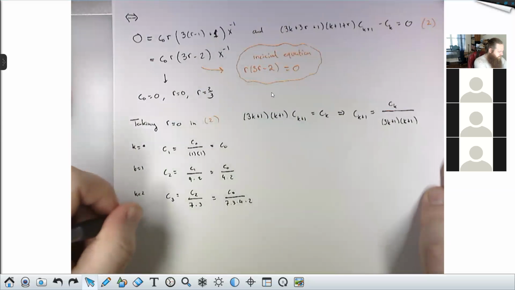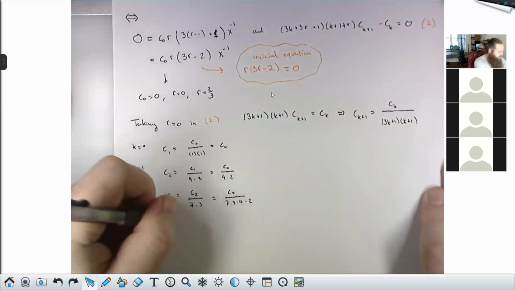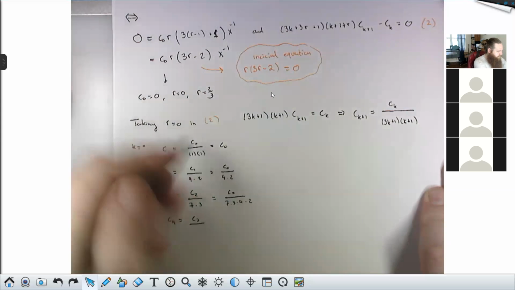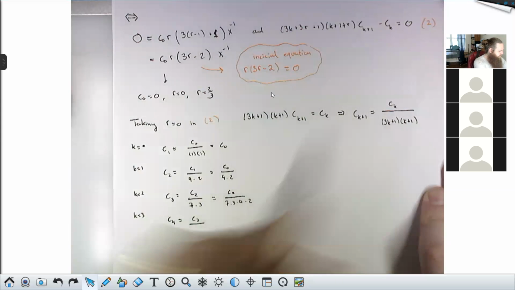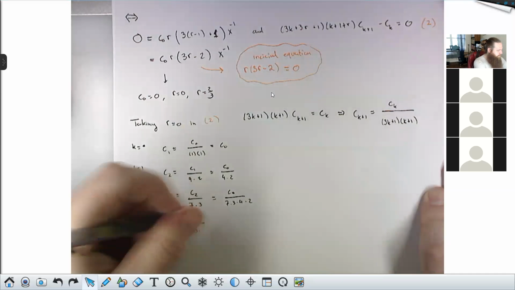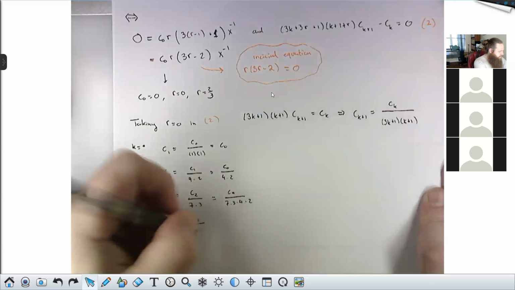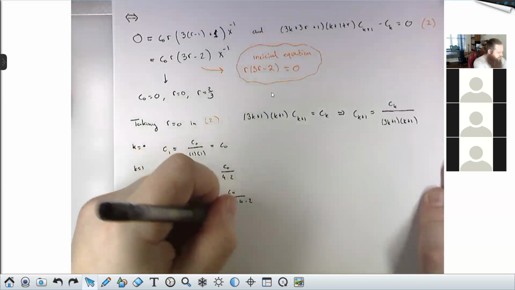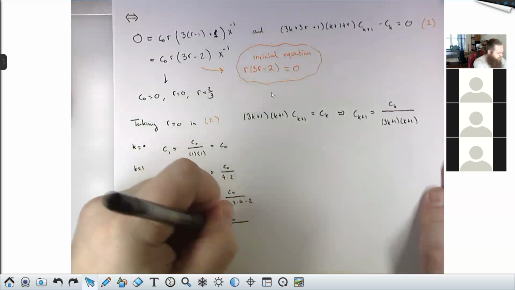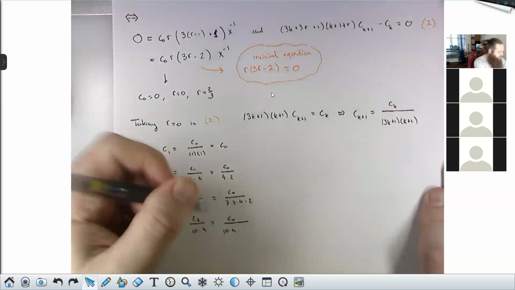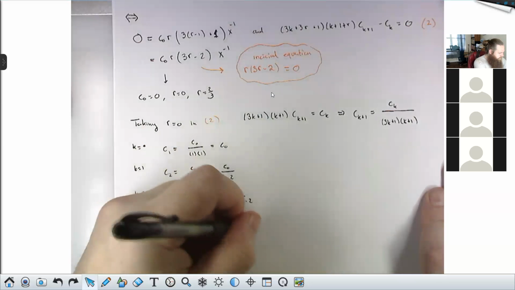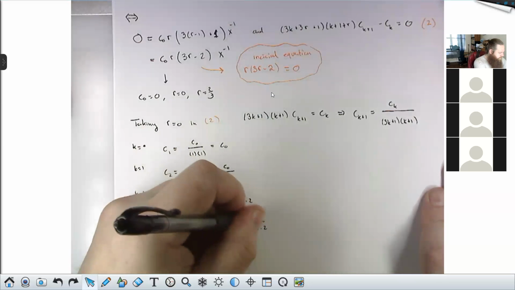Making k to be 3, I get C4 equals C3 over 9 plus 1 is 10, times 3 plus 1 is 4. C3 is known, so that's going to be C0 over 10 times 4 times 7 times 3 times 4 times 2.